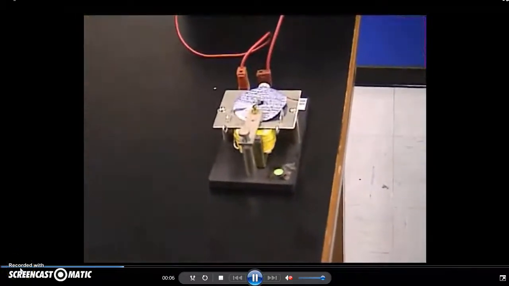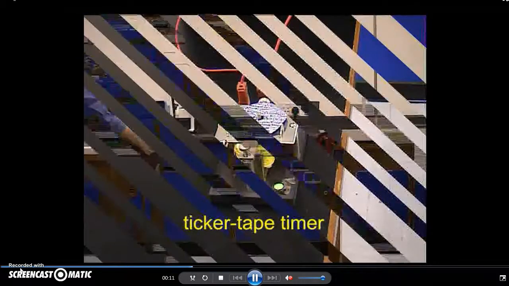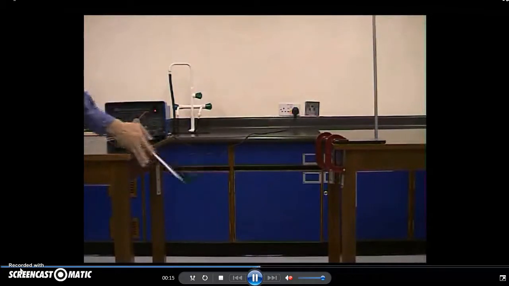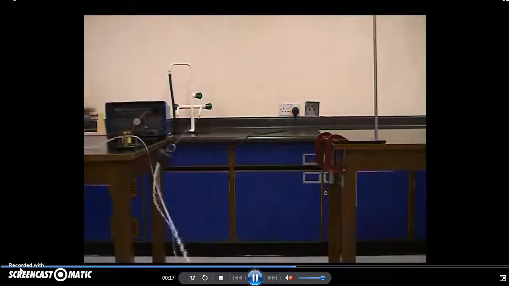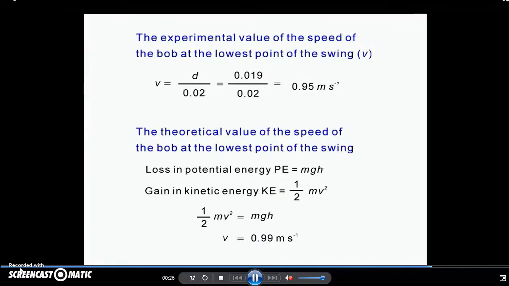The experiment verifies the conservation of energy for a simple pendulum. The maximum kinetic energy of the pendulum is calculated by the measurement of maximum speed at the lowest position using the ticker tape. The maximum gravitational potential energy of the pendulum is found from the initial height h of the mass.